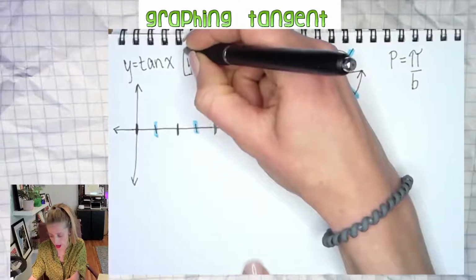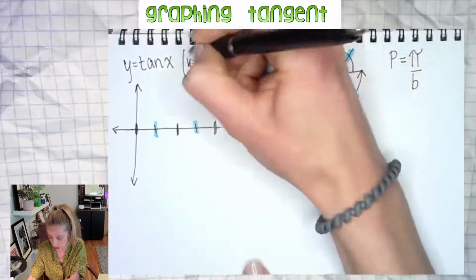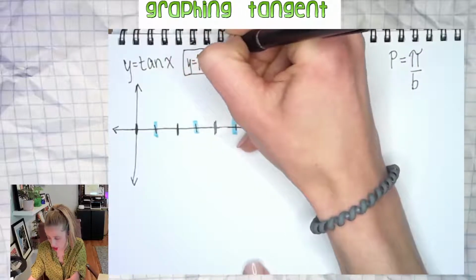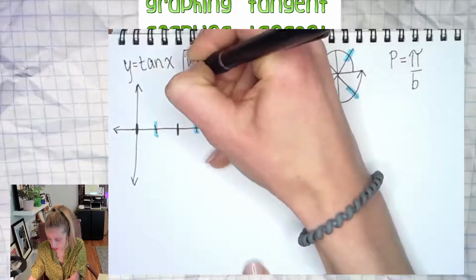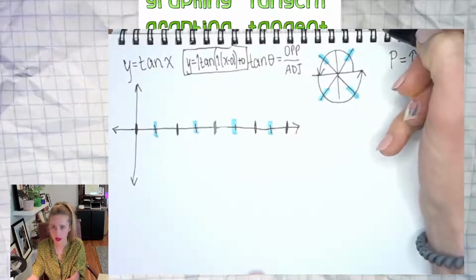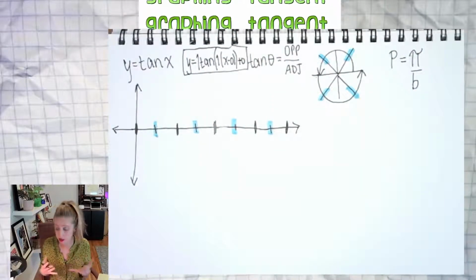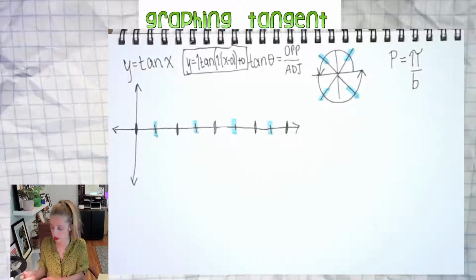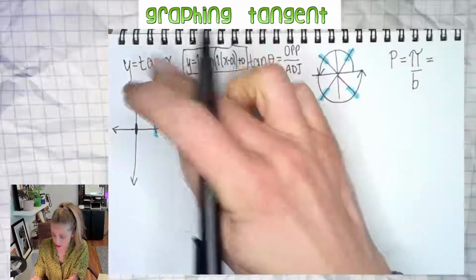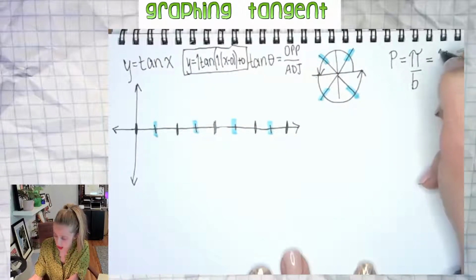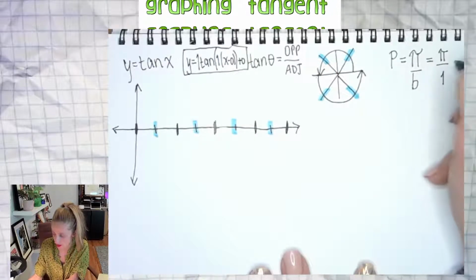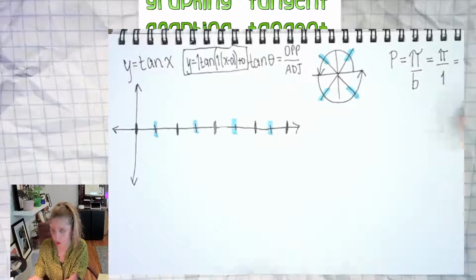So a and b are both 1. h and k are both 0. Okay? It's not that there's nothing there. There's zeros, there are ones, there's numbers. That means for this example then, we did pi over 1, which is pi.